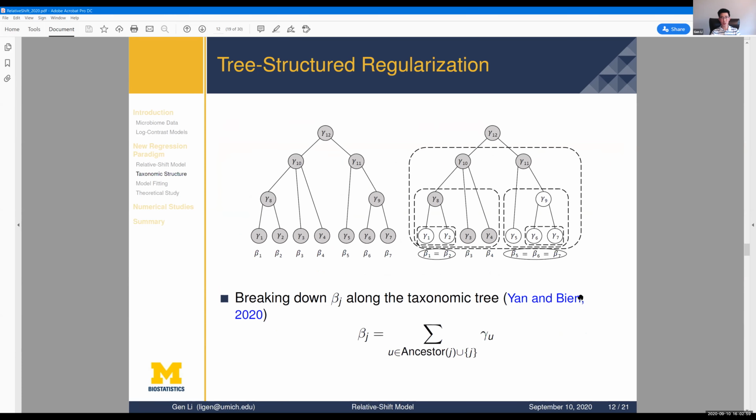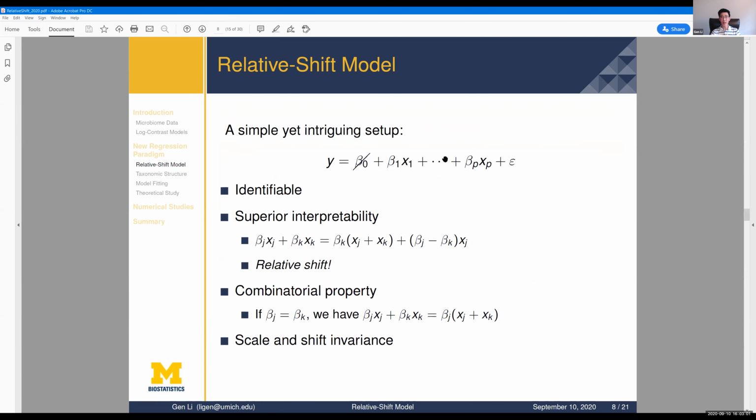Yeah, that's a very good question. So we cannot interpret each individual beta J. As I mentioned, the value of each individual beta J does not really make much sense because of this scale and shape invariance. You can arbitrarily add a constant to the response or multiply by a certain constant, and then correspondingly, all those coefficients will shift by the same constant.